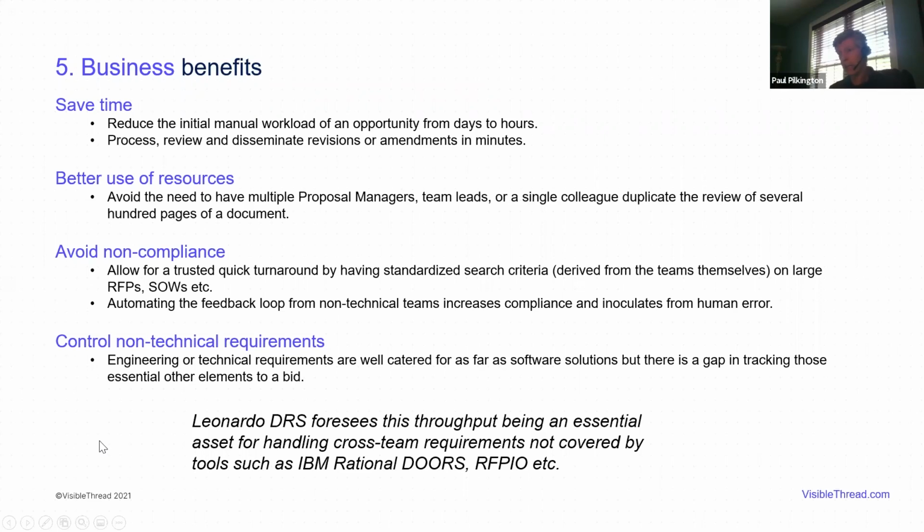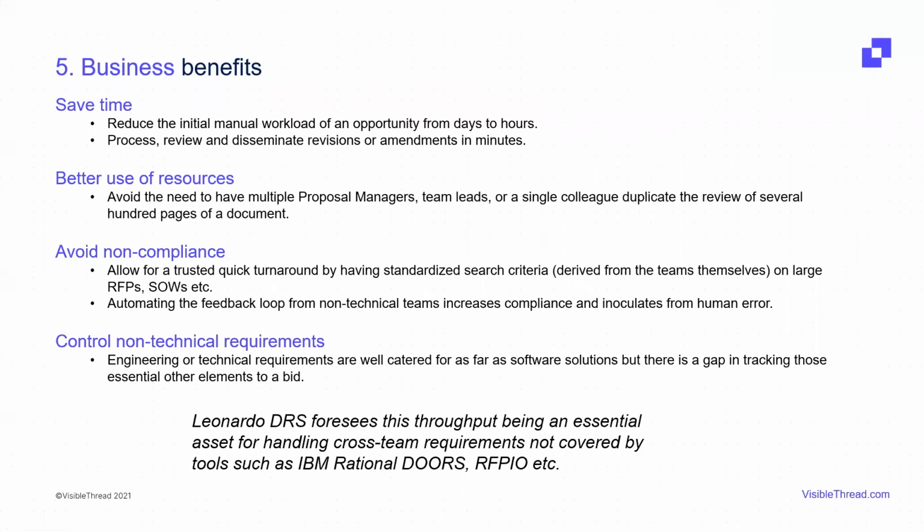Yeah, just in general, the incorporation of just VisibleThread generally, and this macro specifically, really is a big time saver. And it really just makes sure that we're capturing everything we need early on. You know, when you're proposing, especially some of the projects we work on are very large, like I said, both from a schedule and from a cost perspective.